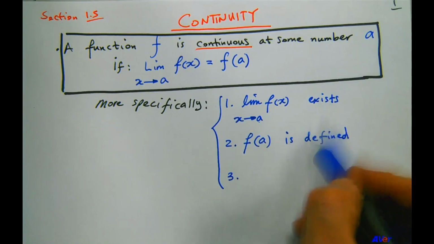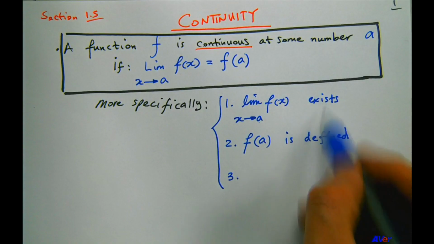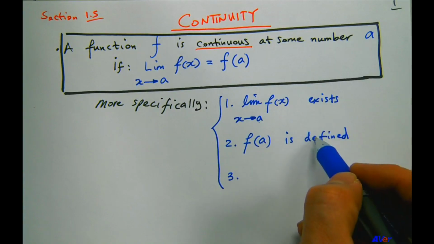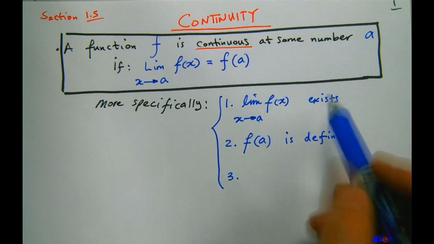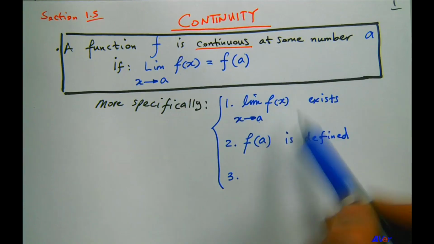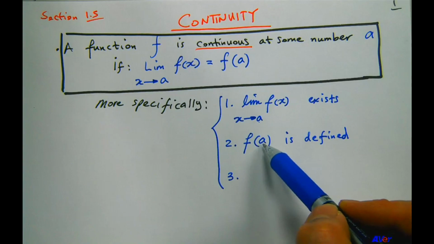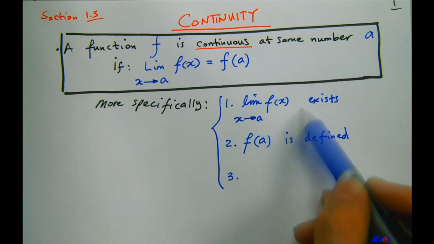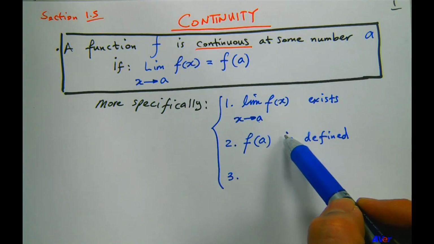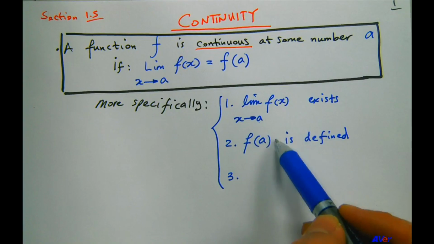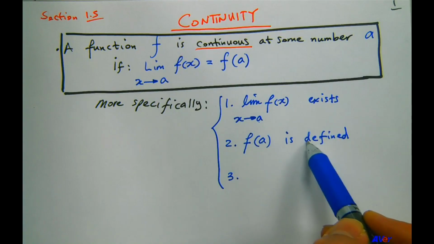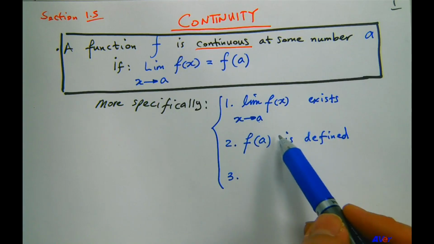And not only must these two exist or be defined, they must be equal to each other. So it's possible for the limit to exist and the function to have a value at this point, but if they're not equal to each other, then the function is not continuous. So continuity means that not only do these two exist and are defined, but they must also be equal to each other.